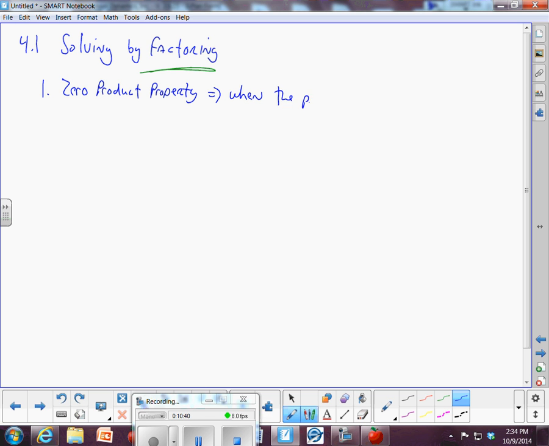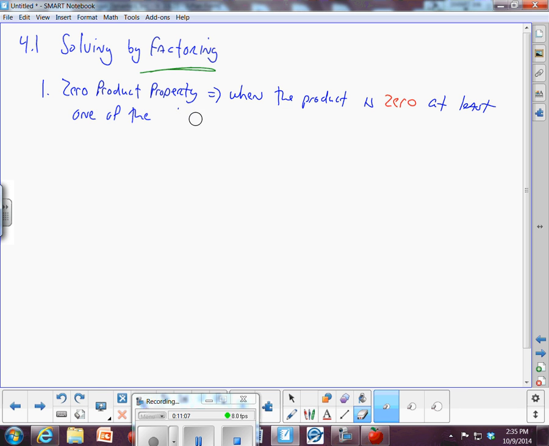When the product is 0, at least one of the factors must be 0.